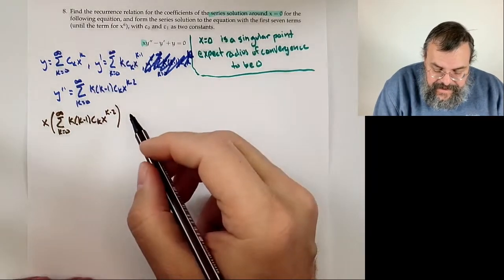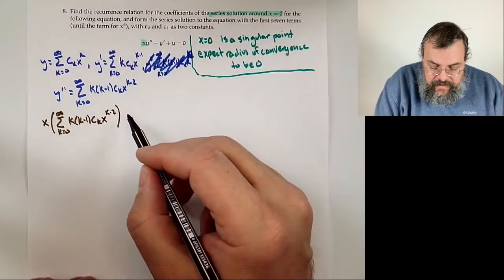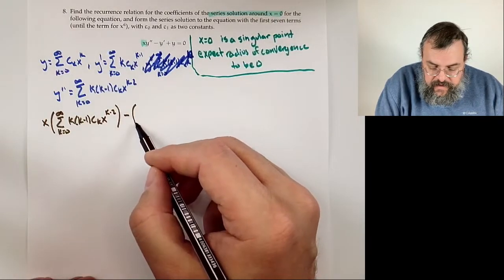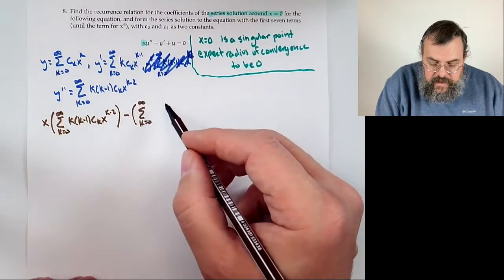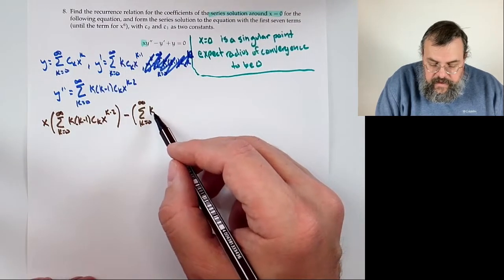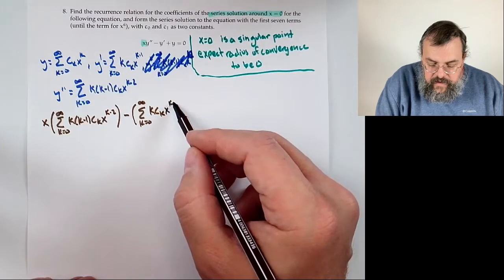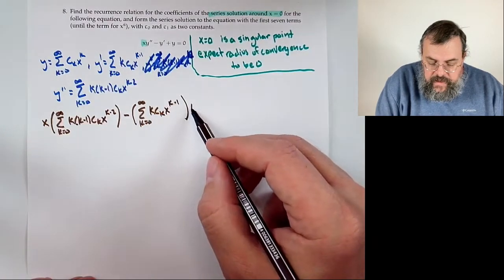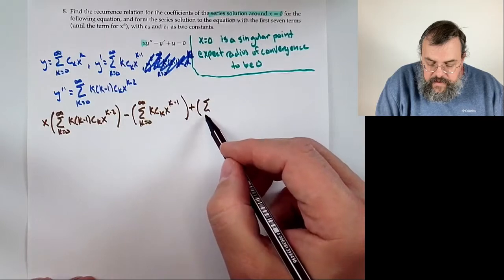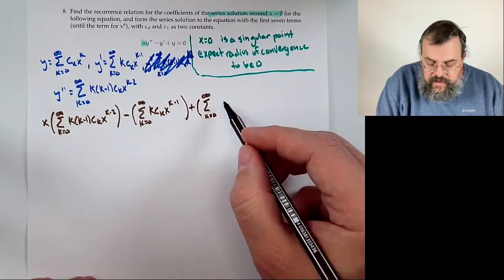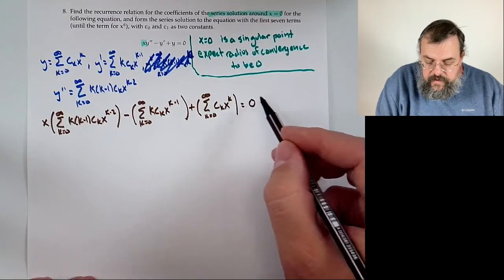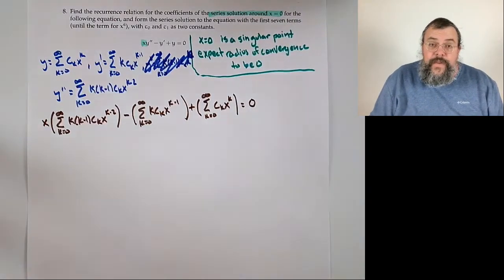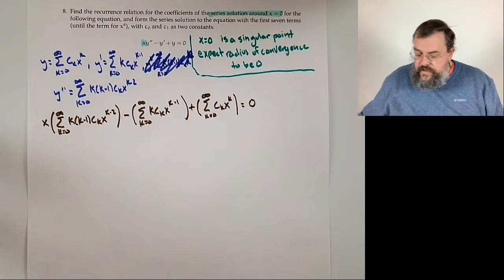So x times that sum, minus the sum, k equals 0 to infinity of k c sub k x to the k minus 1, plus the sum from 0 to infinity of c sub k x to the k, equals 0.